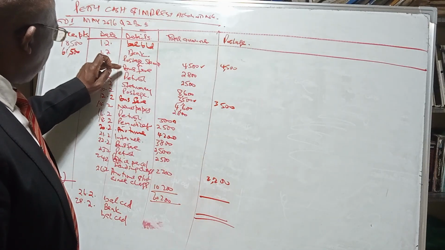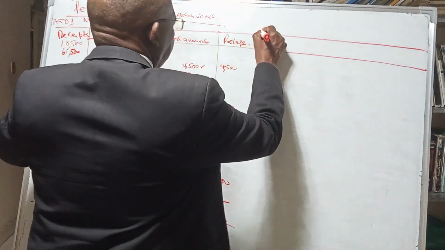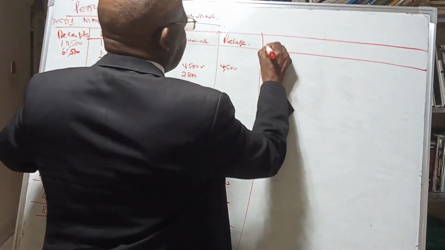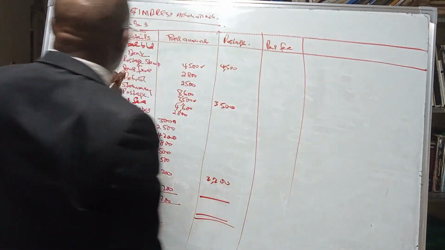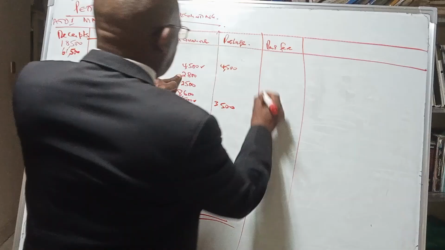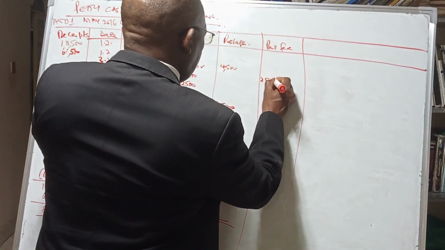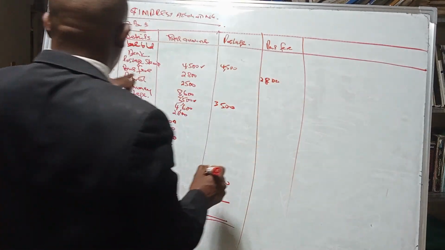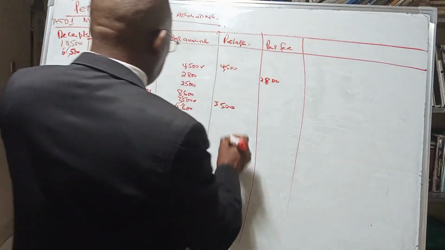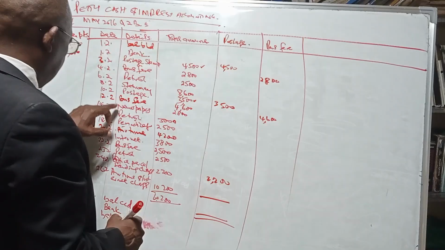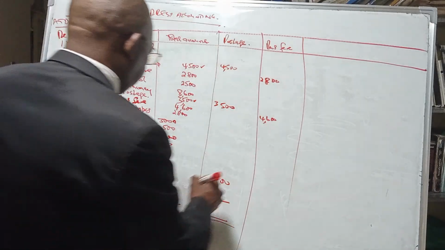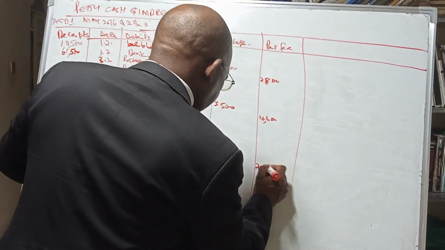Then we talk about bus fare. There's a category of expenses called bus fare. So we find out how much was the bus fare. If this is 2,800, we get 2,800 bus fare. Bus fare here, 4,600. Bus fare, 2,500.